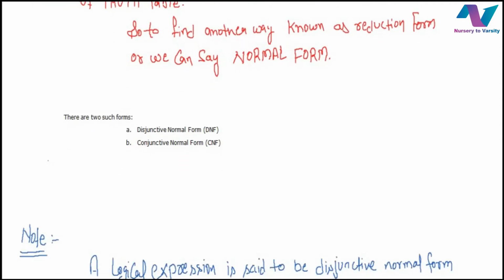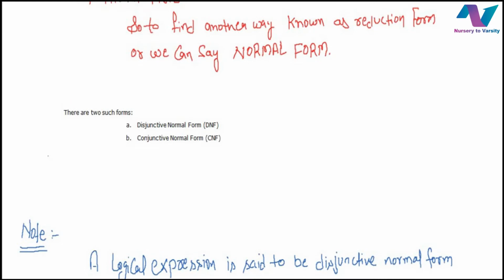One is disjunctive normal form, the second is conjunctive normal form. We can remember this with the help of the operators: disjunctive normal form works with the operation OR, and conjunctive normal form with the AND operator. And one more thing to remember: if we have a statement and we find the OR symbol outside the bracket and AND inside the bracket, then we say that particular form is disjunctive normal form.